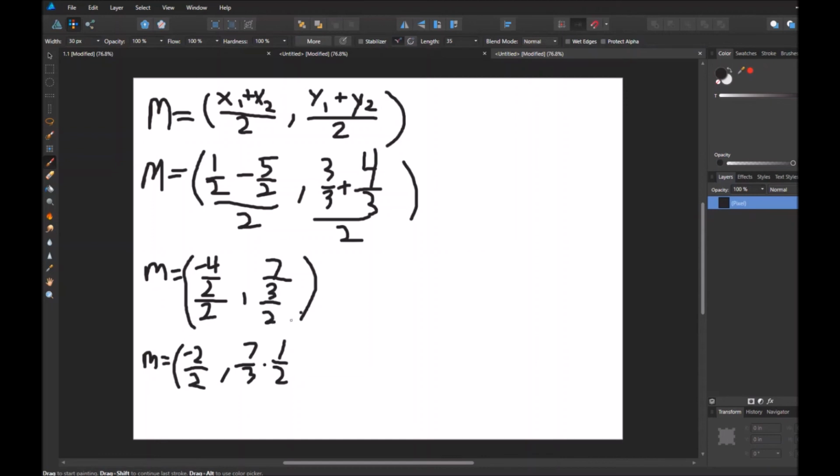So in order to change it to multiplication, we have to flip the numerator and the denominator of 2, which would make it 1/2. So -2 over 2 is -1, and when you're multiplying fractions, you multiply both the numerator and the denominator, so 7 times 1 is 7, and 3 times 2 is 6. So the midpoint of these 2 points is -1, 7/6.